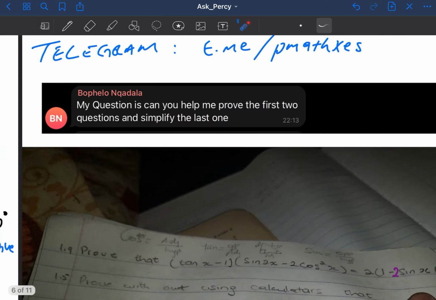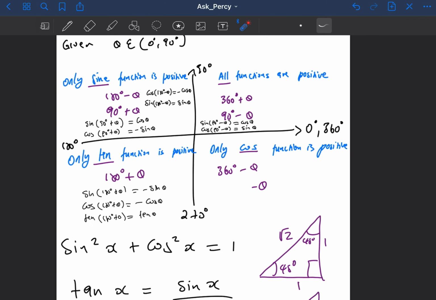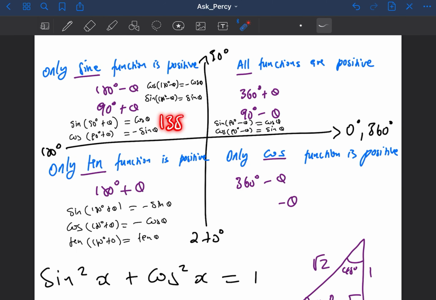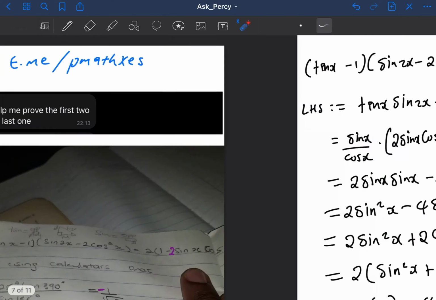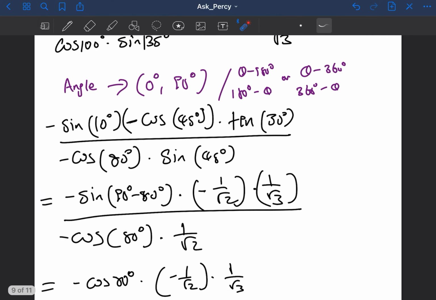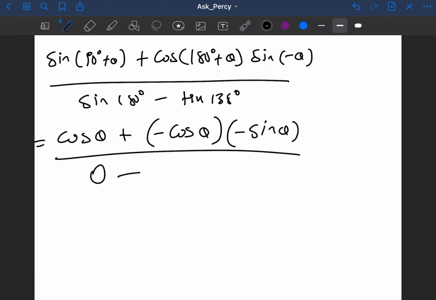Go back to your cheat sheet: 135 is in the second quadrant, and in the second quadrant only sine is positive, so you have negative tan. Then reduce 135: you can just say 180 minus 135, because 135 is less than 180, so you're left with 45 degrees.